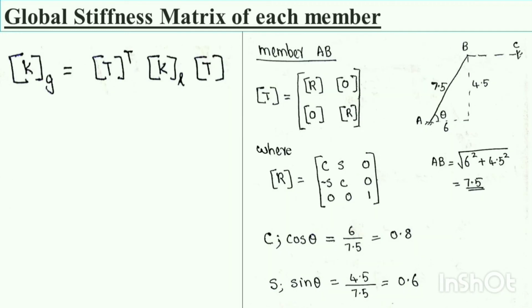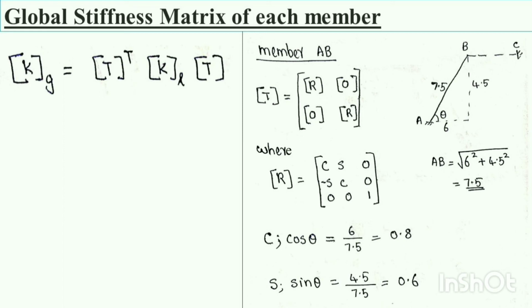Okay, next is the global stiffness matrix. For that, we have a formula connecting global and local stiffness matrix, which is Kg, the global stiffness matrix, equal to T transpose KL into T, where T is the transformation matrix and KL is the local stiffness matrix. Consider member AB.